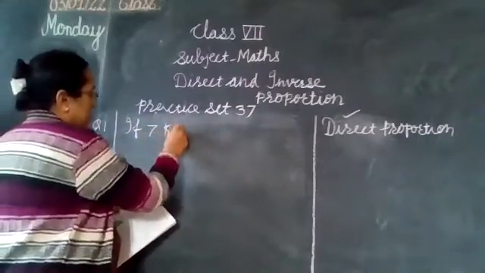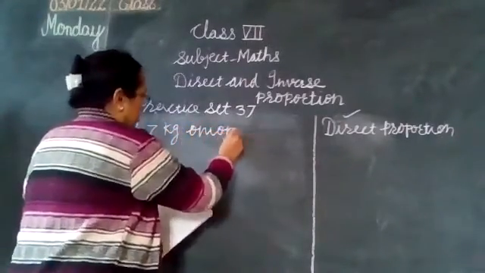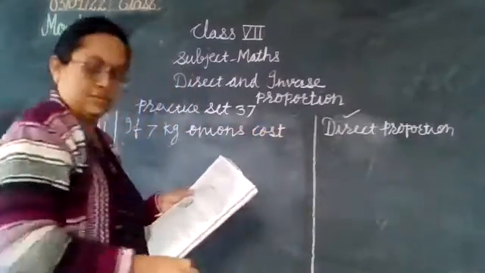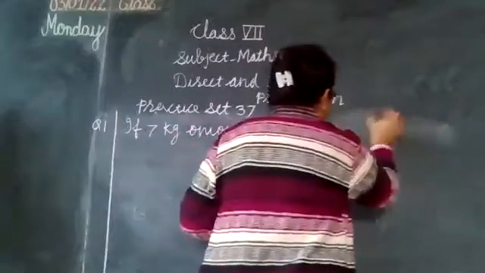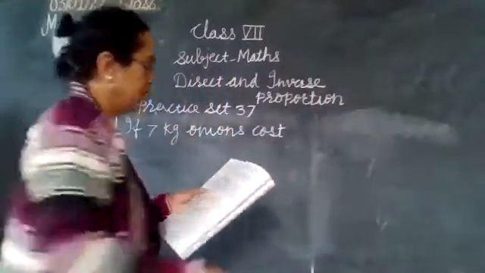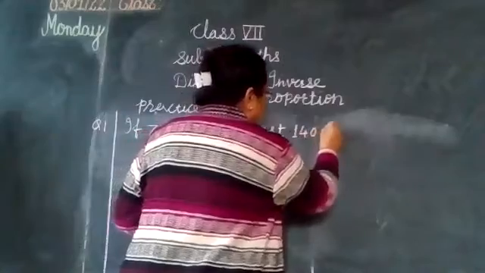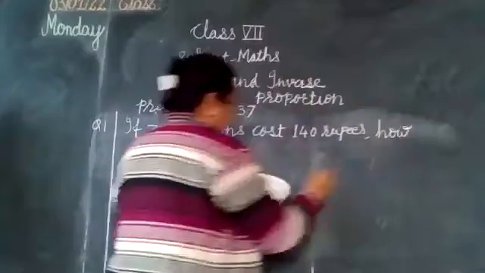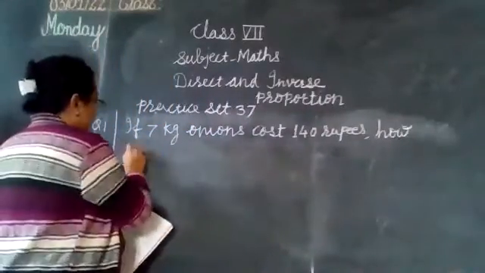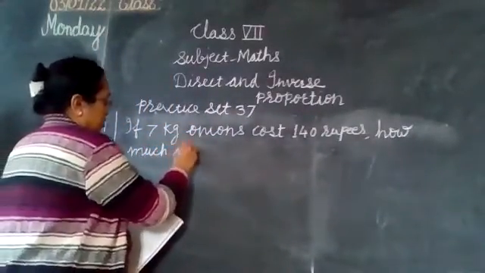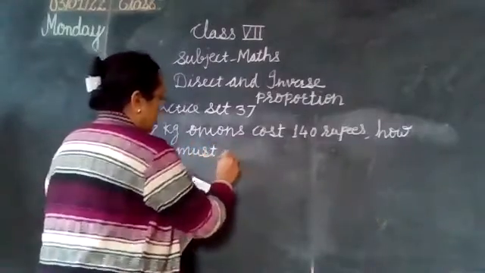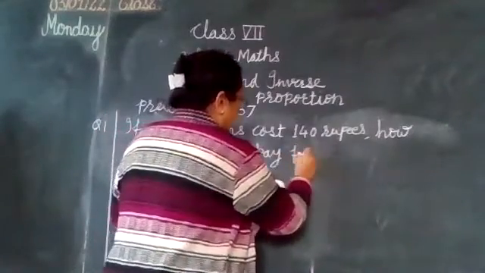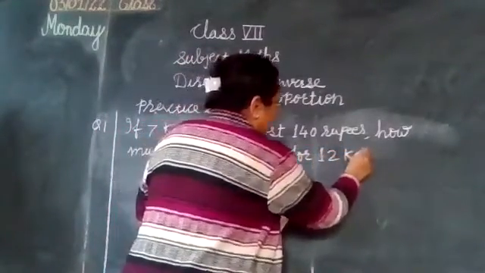If 7 kg onions cost 140 rupees, how much must we pay for 12 kg onions?